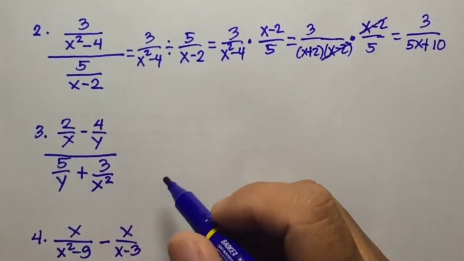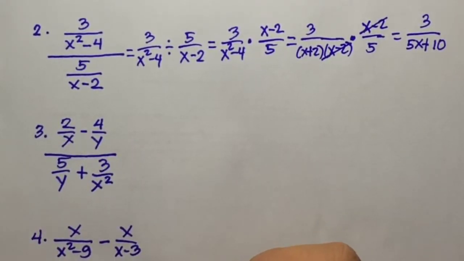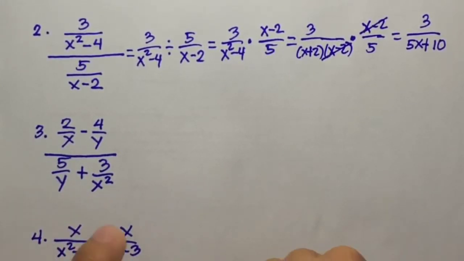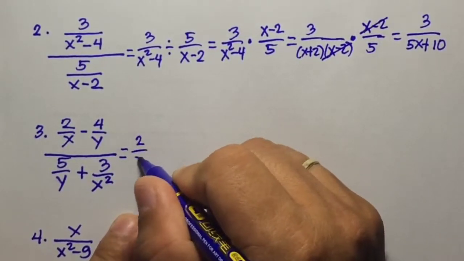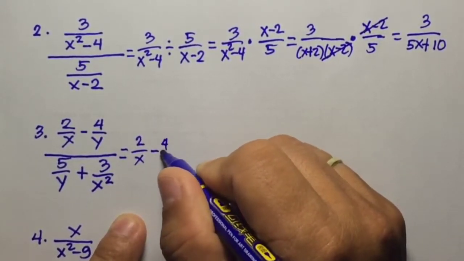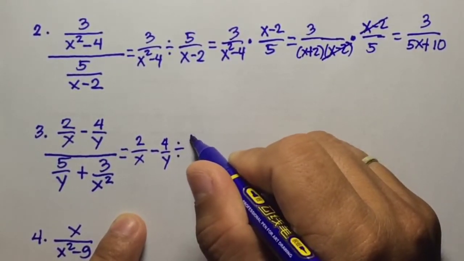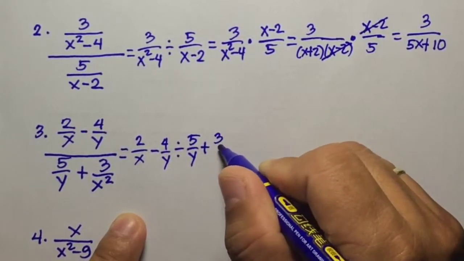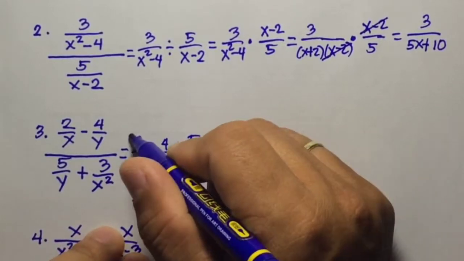And number 3, (2 over x minus 4 over y) divided by (5 over y plus 3 over x squared).